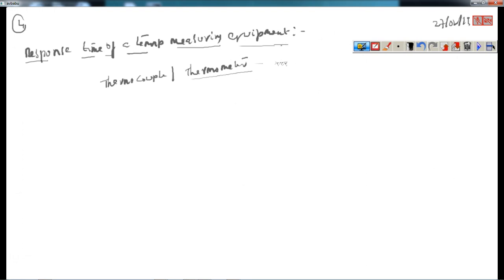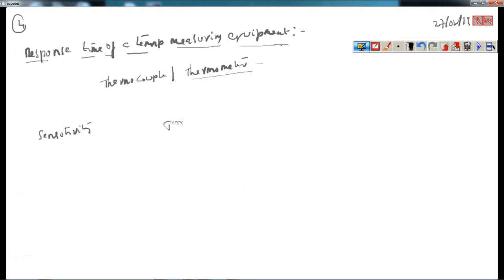Now the response time of a temperature measuring instrument: we want to measure the temperature of a system as quickly as possible. We'll talk about sensitivity. To have this as quick as possible, what is the formula we have used?